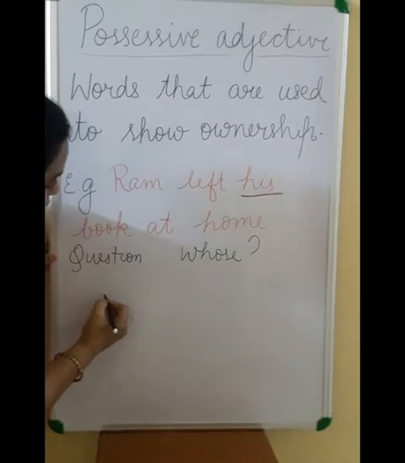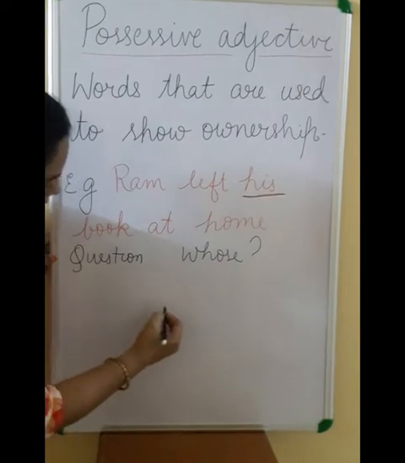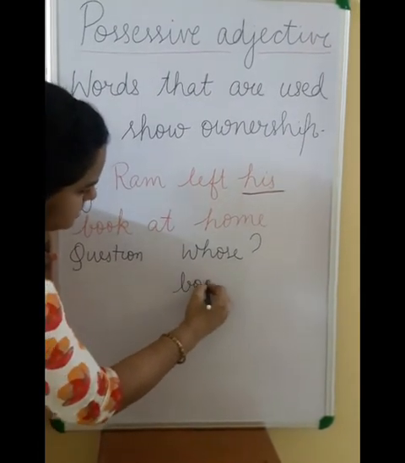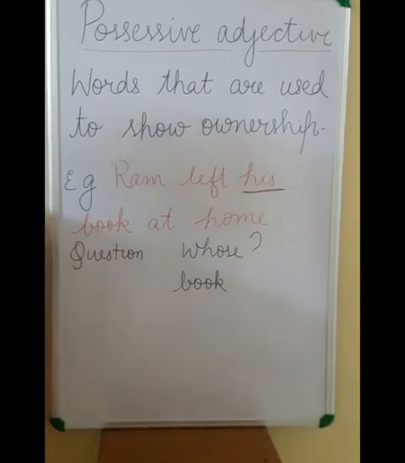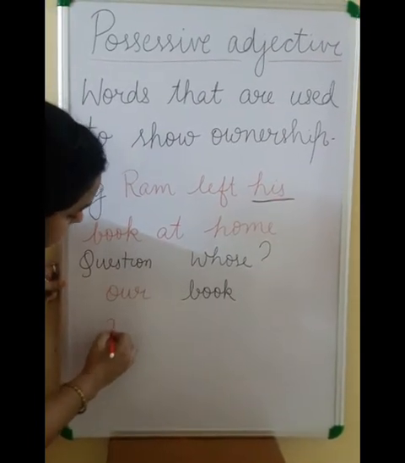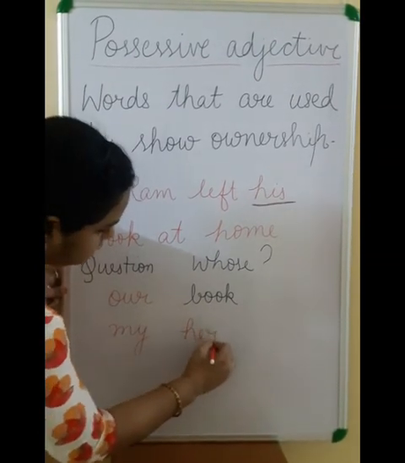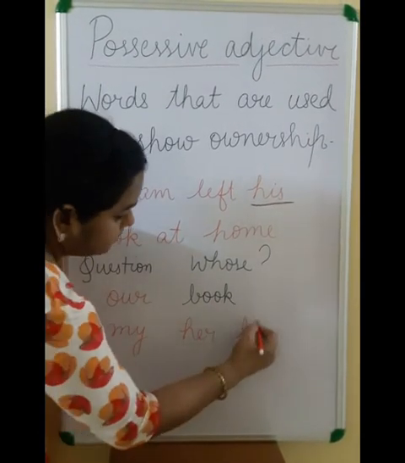So, different adjectives that you can use in place of his for book are: you can use our book, you can use my book, you can use her book, you can also use their book.